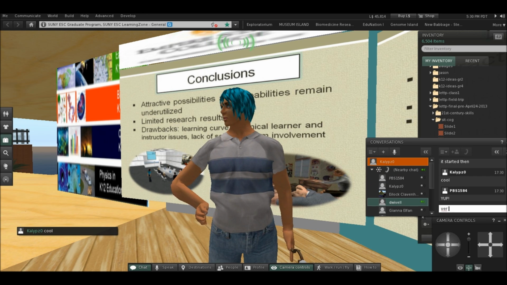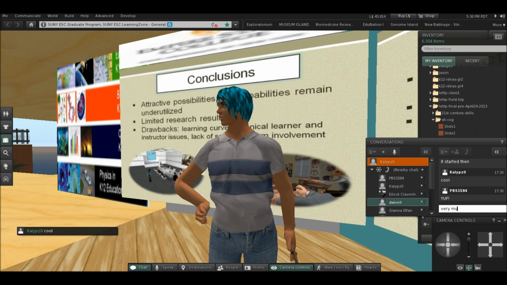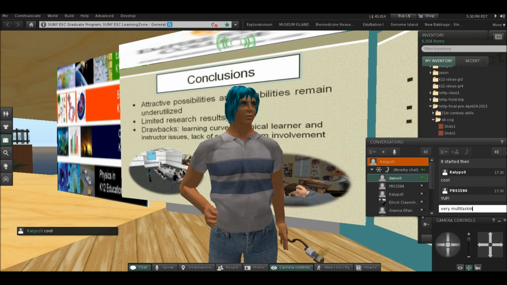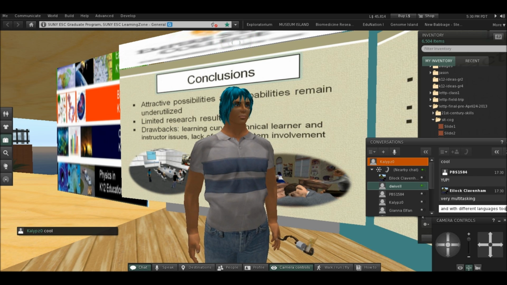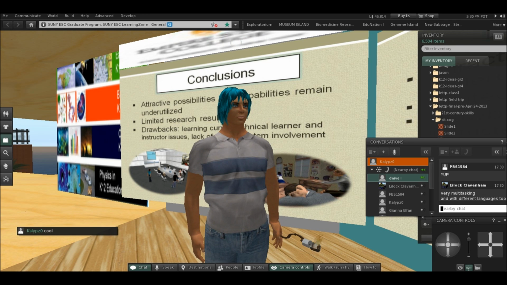And people who were otherwise shy about asking their questions or raising their hand in a class could be involved in the discussion in a very active and contemporaneous way.